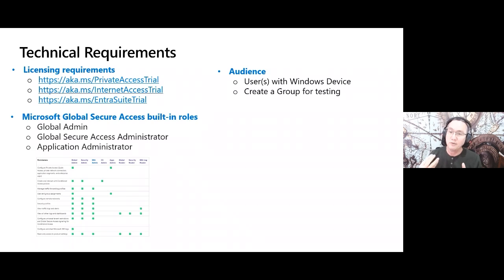But when we start to test, for example, if you want to access SAP through private access, we register the devices, we create all the rules, and surprise, we don't have any user from SAP. How are we going to test that SAP is working if none of us has access? So it's important to choose the audience.